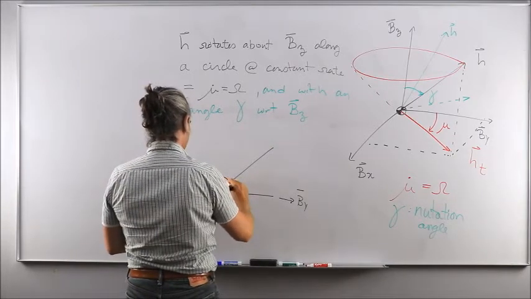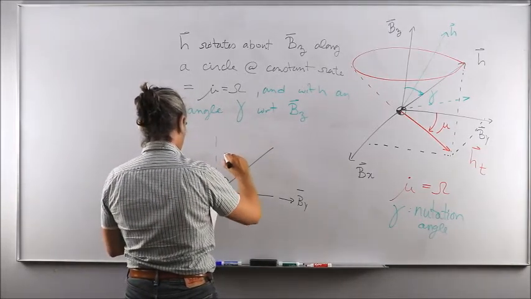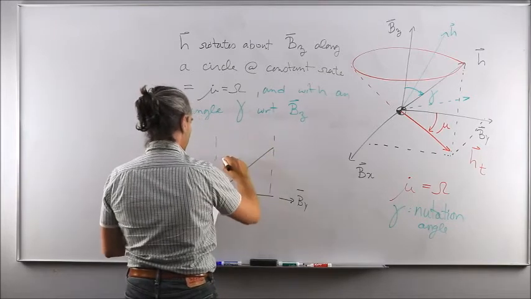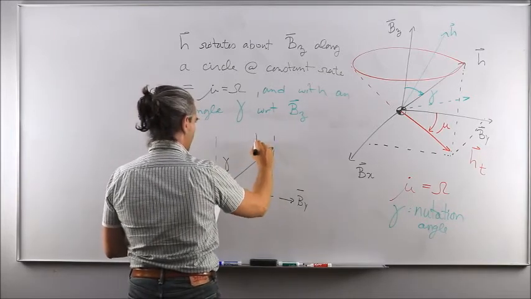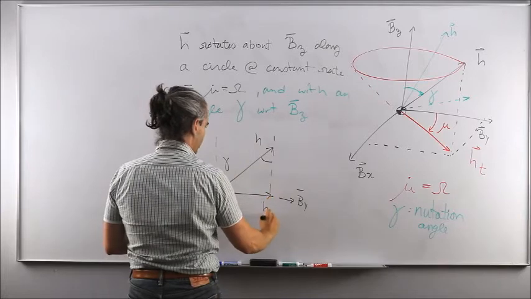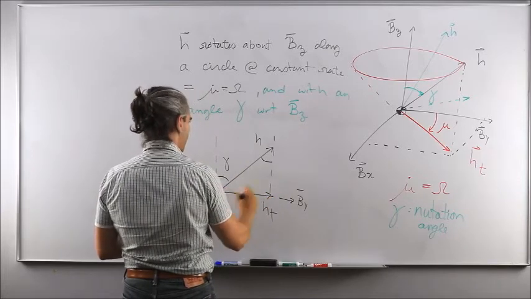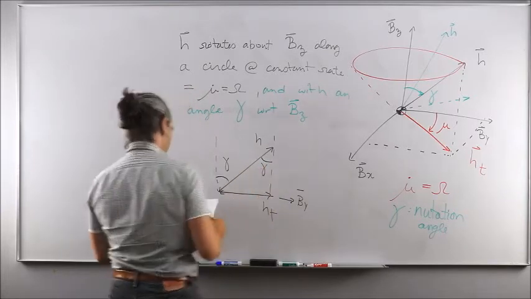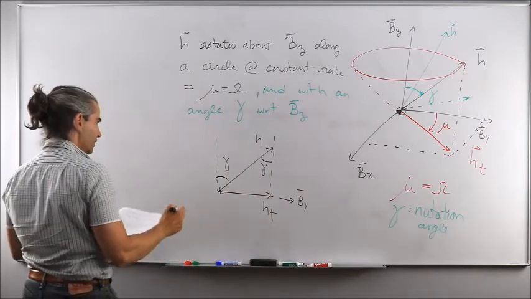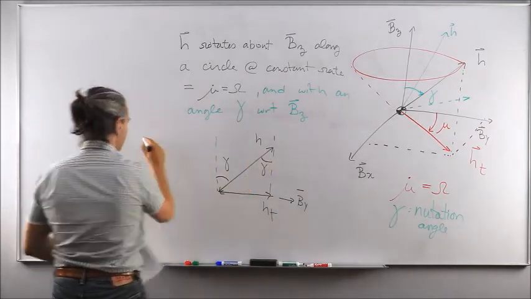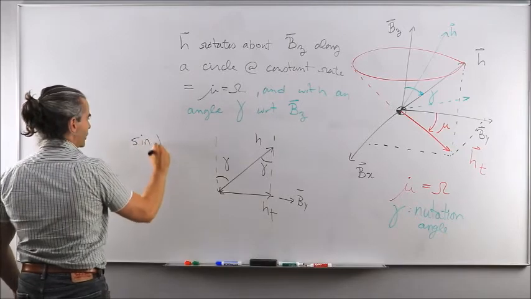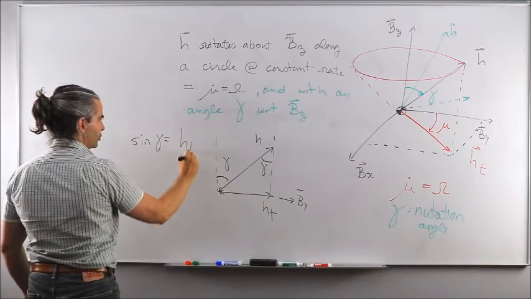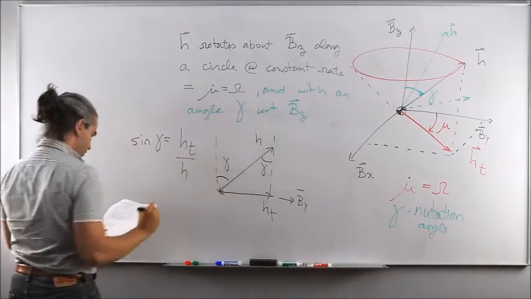If that is your nutation angle, that means that here, between h and ht in terms of magnitude, you would also have the nutation angle here, and therefore you'll be able to say that sine of the nutation angle is going to be equal to ht over h.